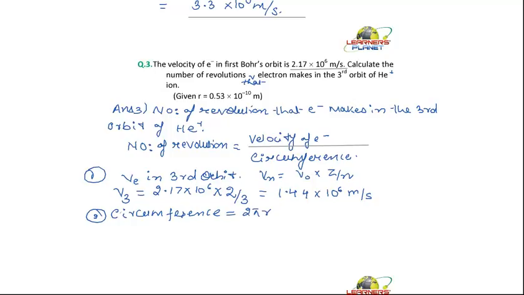Now what is the formula for circumference? It is 2 pi r. Now what r should be here? It should be the radius of third orbit.